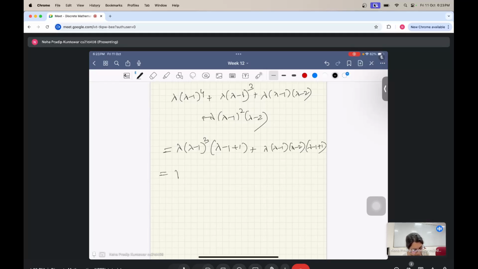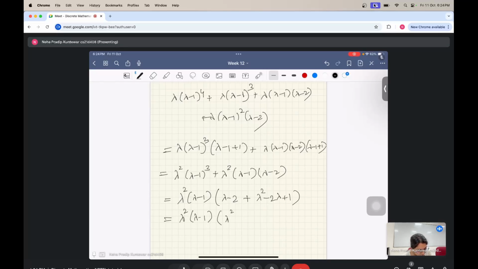So this is nothing but lambda squared (lambda minus 1) cubed plus lambda squared (lambda minus 1)(lambda minus 2), and that is nothing but lambda squared (lambda minus 1)(lambda minus 2) times (lambda squared minus 2 lambda plus 1 plus 1), and if you simplify this, this is what you end up getting.